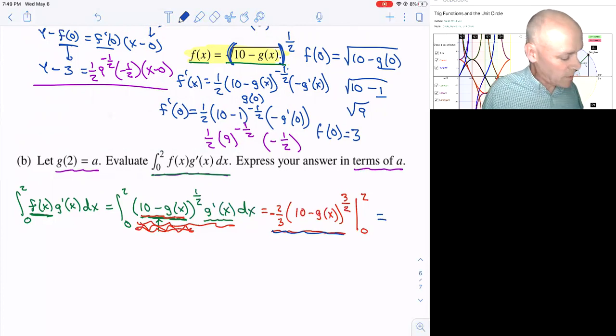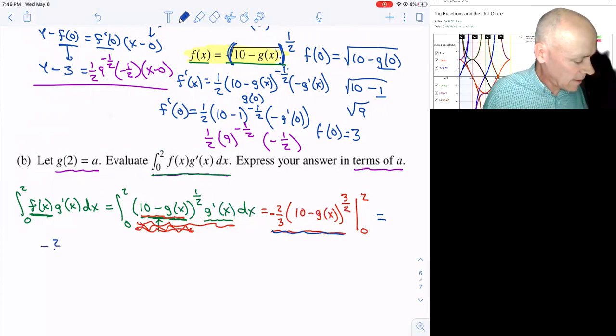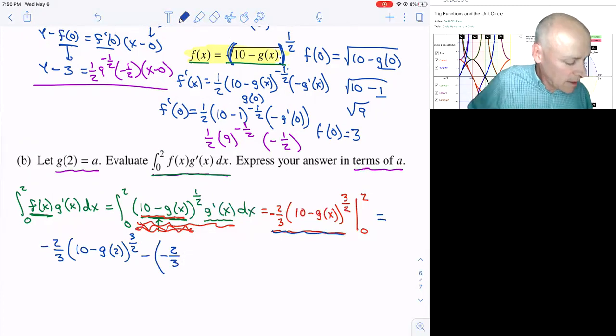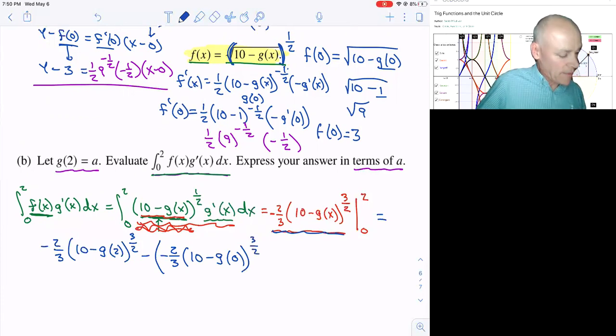So this is going to be negative 2/3 times 10 minus g at 2, everything raised to the 3/2, minus negative 2/3 times the quantity 10 minus g at 0, everything raised to the 3/2.